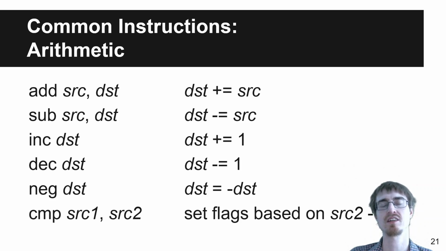So this is what we discussed in two's complement notation. It flips the bits and then adds 1. And then finally, what the comparison does is it sets the flags. We'll discuss the flags later when we consider how conditional branches work, based on source 2 minus source 1. So compare is essentially just a subtraction, except it doesn't store the result. Instead, it sets some flags based on the result, which allows you to do a conditional branch based on that.